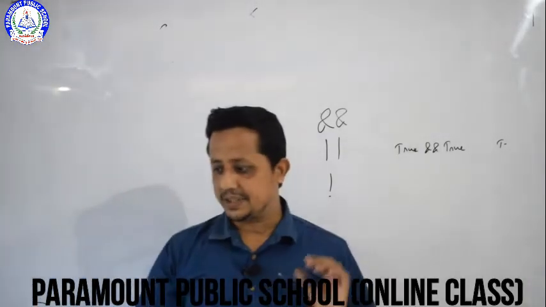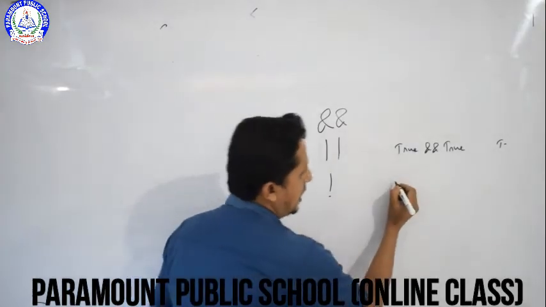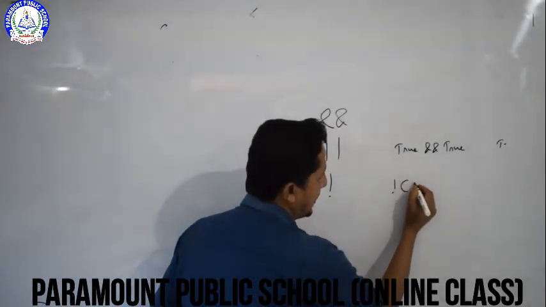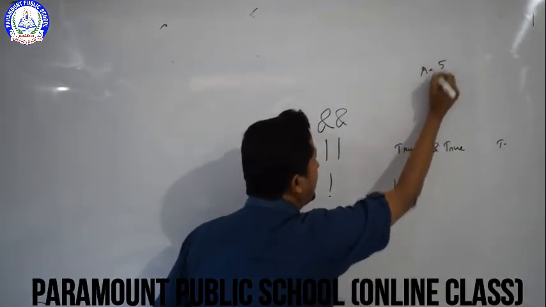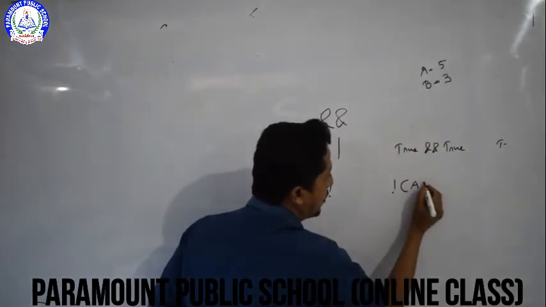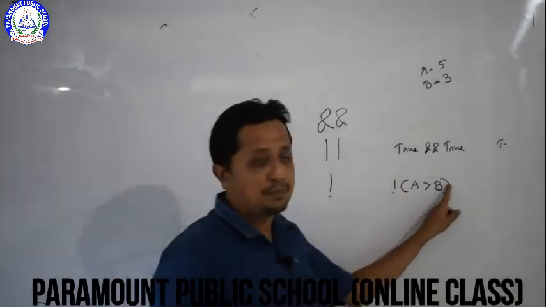So not works like this. Suppose the value of A is equal to 5 and the value of B is equal to 3. If I write not A greater than B, see whether A is greater than B or not.